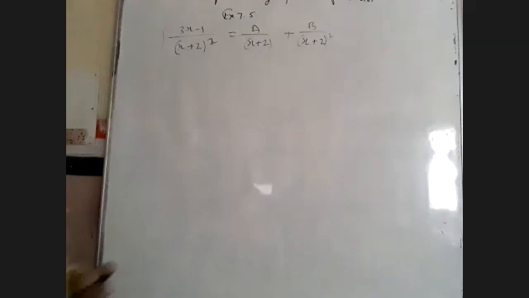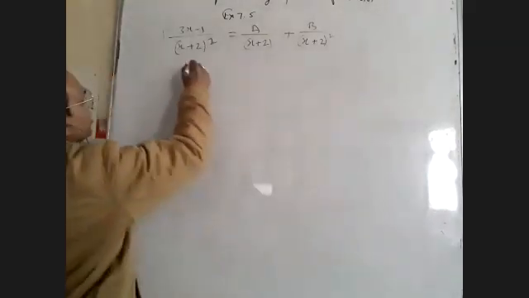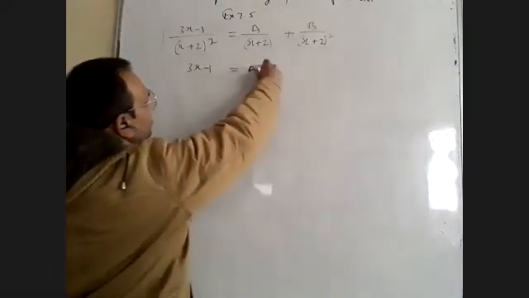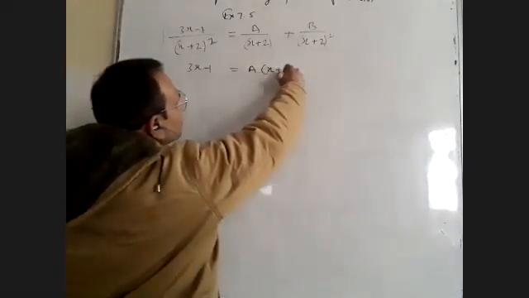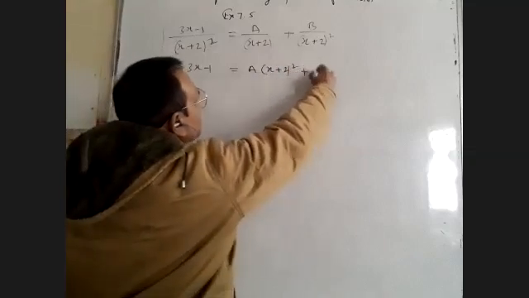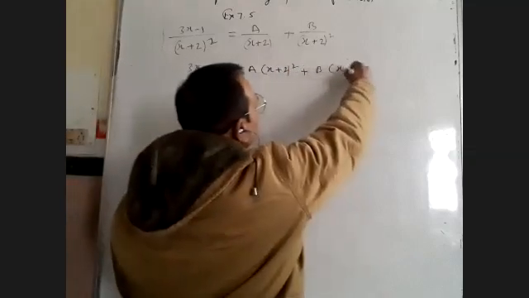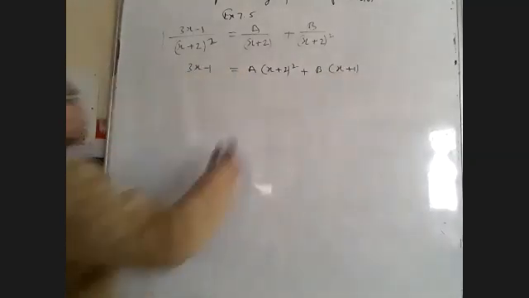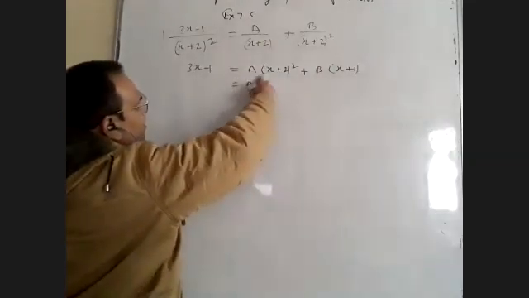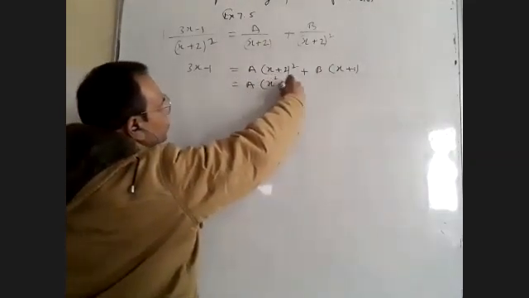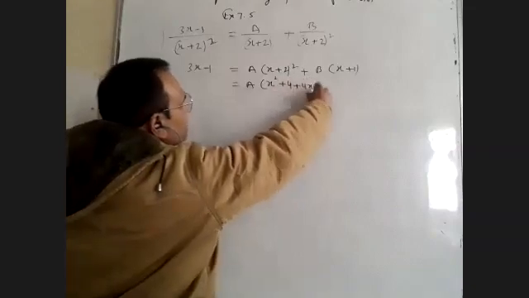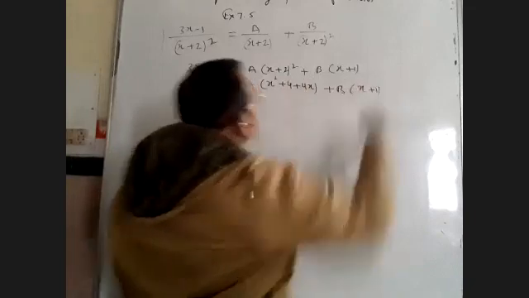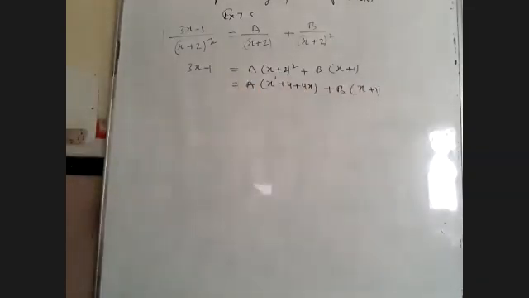First of all, compare the numerator: 3x minus 1 equals a times x plus 2 whole square plus b times x plus 1. Write here a x square plus 4 plus 4x plus b x plus 1. Now compare the coefficient of x square.